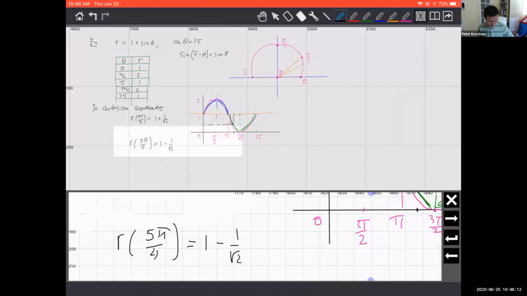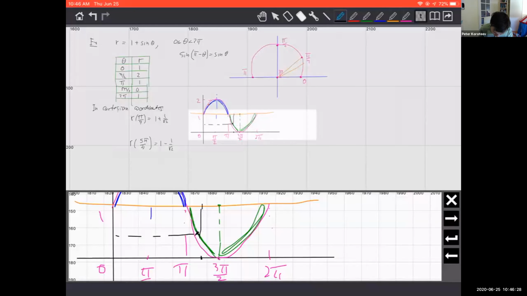Root 2 is 1.4, so if you invert that, it will be a bit bigger than a half. Okay, so it's like that, and then the other point will be symmetric.